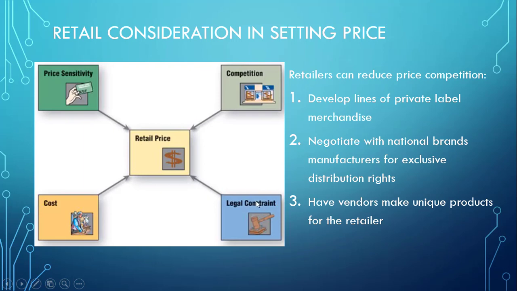So legal constraints directly affect your price too. At one time, the government sets the price of certain products to be sold. For instance, the government sets a soft drink to be sold at a certain price. So this will affect your price, meaning you cannot pass the maximum limit that the government sets.